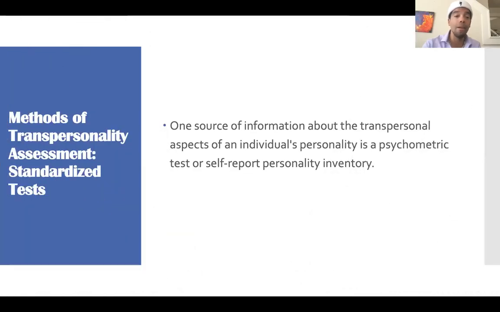Okay. So standardized tests, I mentioned, are another transpersonal assessment tool. It's one source of information about the transpersonal aspect of an individual's personality, a psychometric test or a self-reported personality inventory, and that's one source.